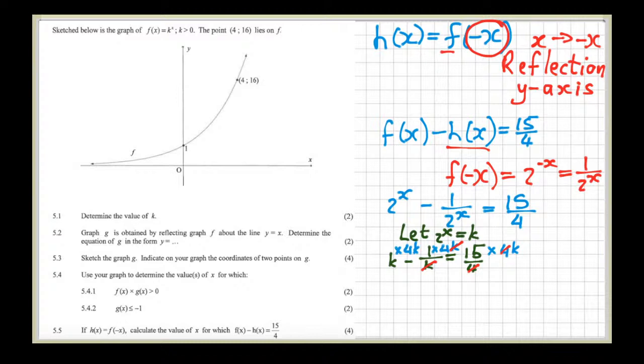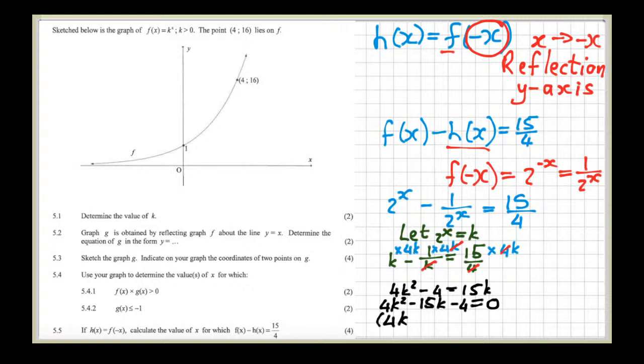So I'm going to sit here with 4k squared minus 4 equal to 15k. Now this is a nice algebraic equation, which means that I'm going to solve it by putting it equal to 0. Let me do 4k squared minus 15k minus 4 equal to 0. I'm sorry, it seems like I'm running out of space here, but I'll make a plan now.